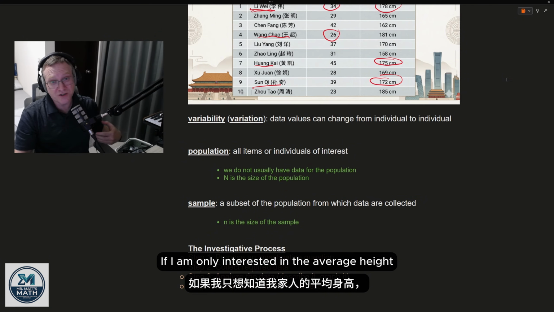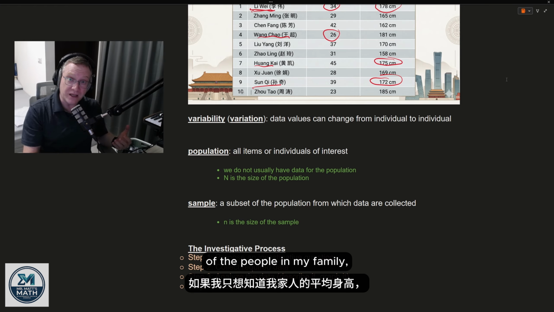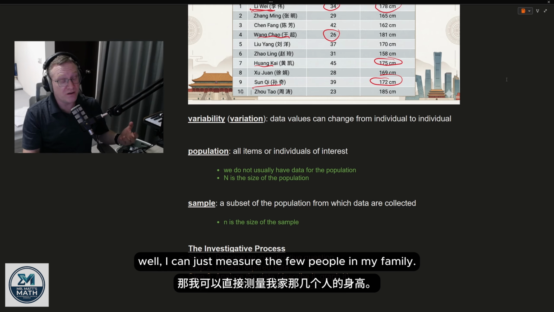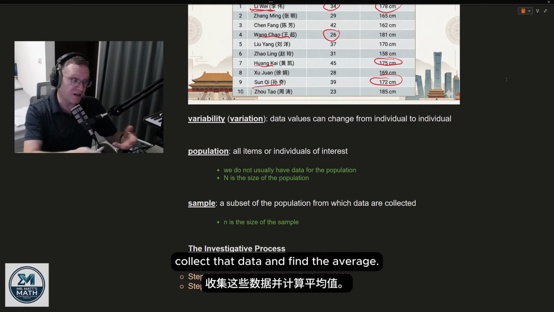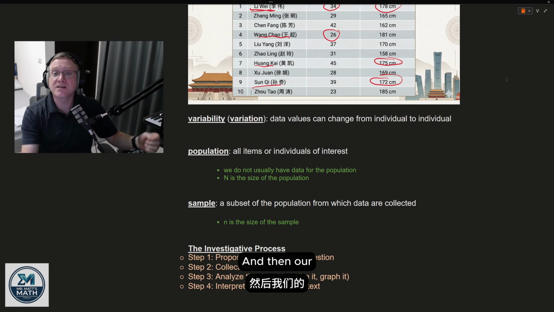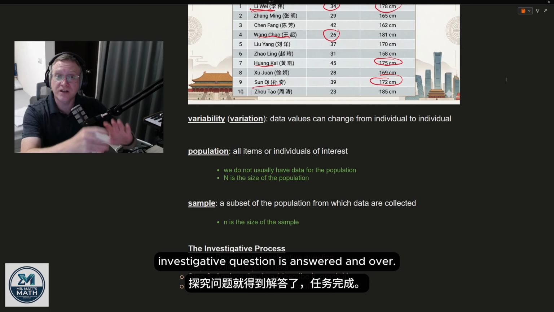If I am only interested in the average height of the people in my family, well, I can just measure the few people in my family. I can measure their heights, or I can ask them their heights, collect that data, and find the average. And then our investigative question is answered and over.